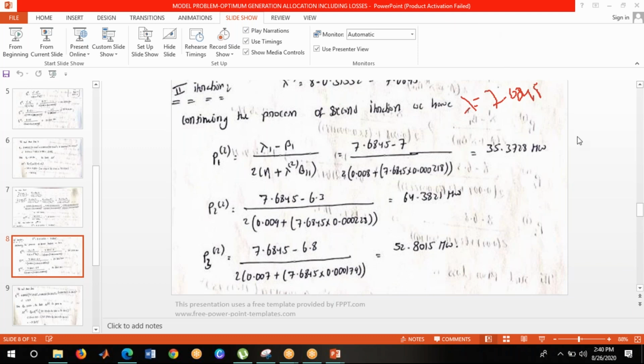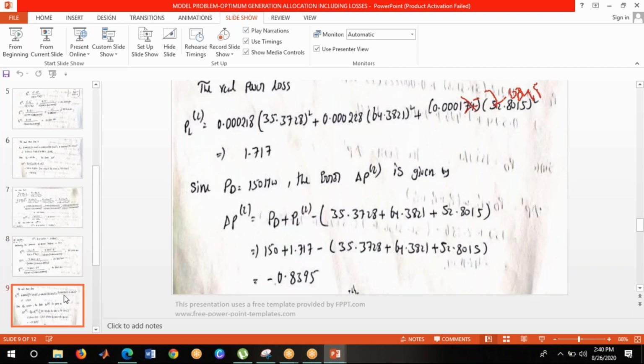How many of you completed the second iteration? Only Yoganandam? How many of them completed the second iteration? See, after the second iteration, we will get the power error as minus 0.8395.